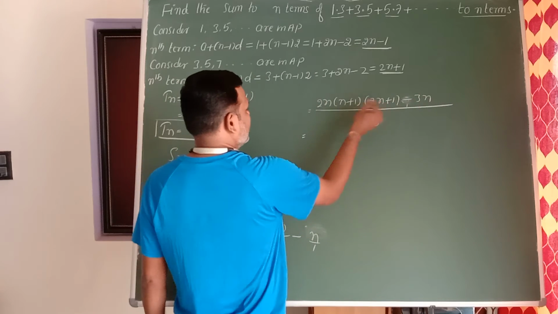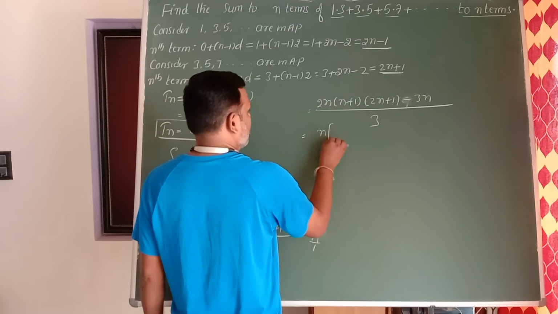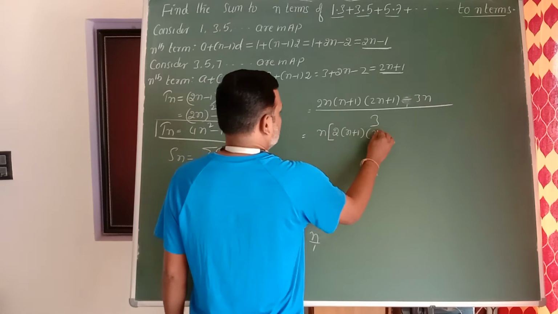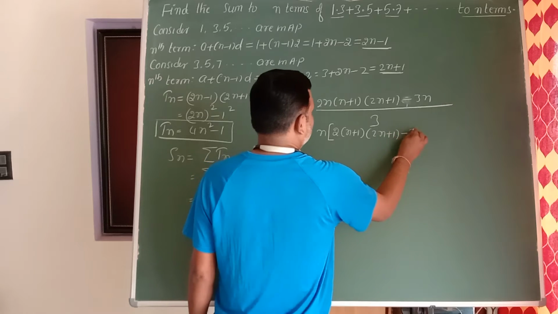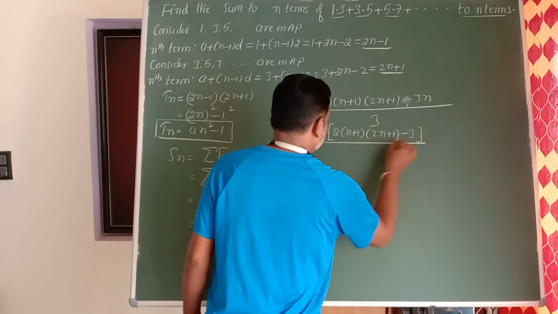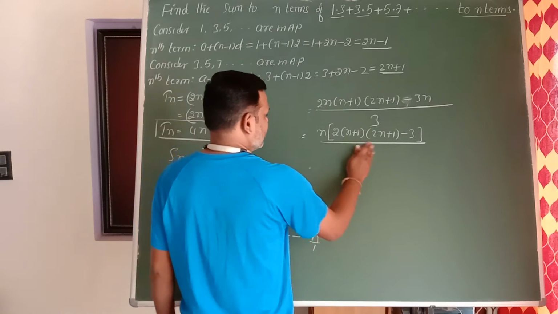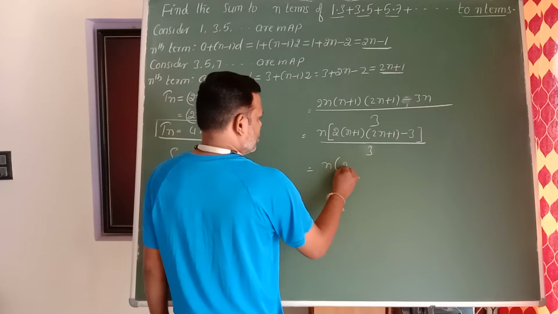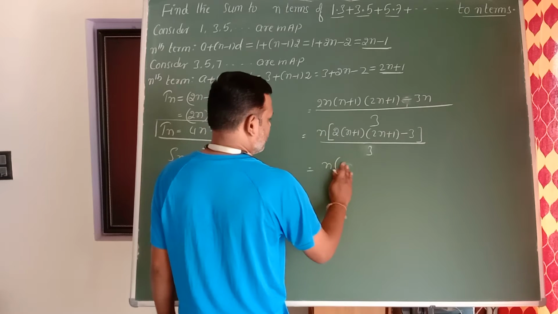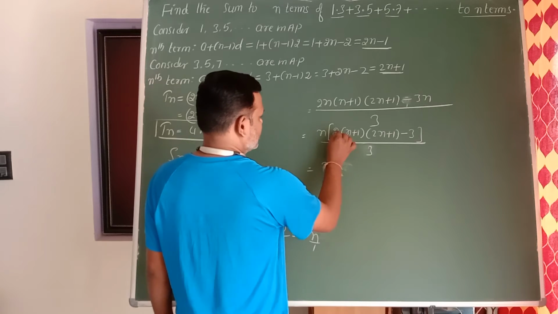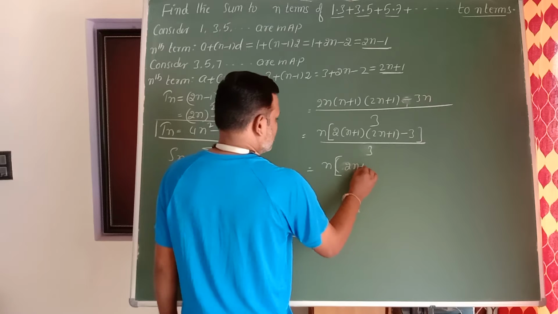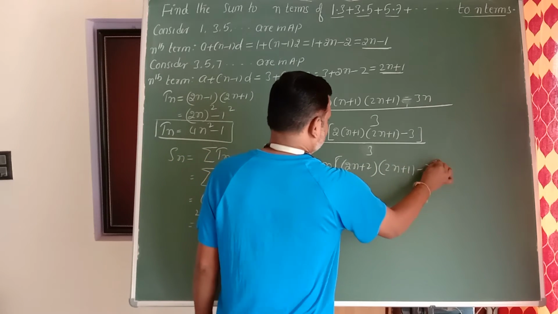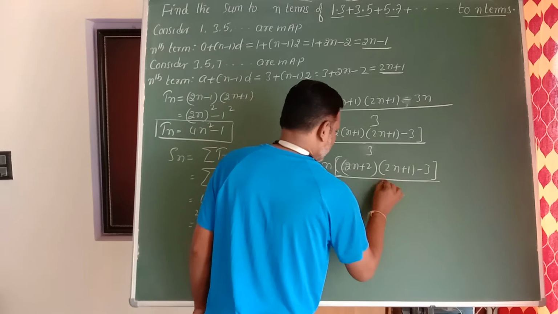Now we can take n as common. When n is common, the remaining is 2 into n plus 1 into 2n plus 1 minus 3, whole divided by 3. Simplify this: first let me multiply these two things. So 2n plus 2 into 2n plus 1 minus 3, whole divided by 3.